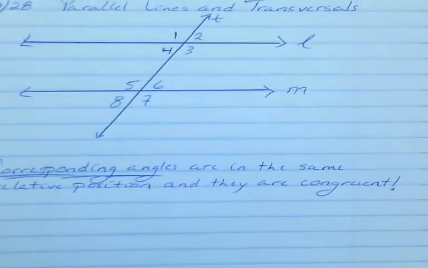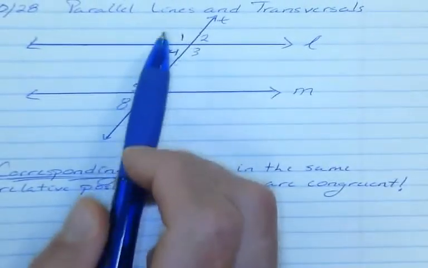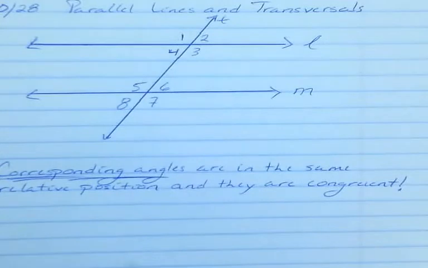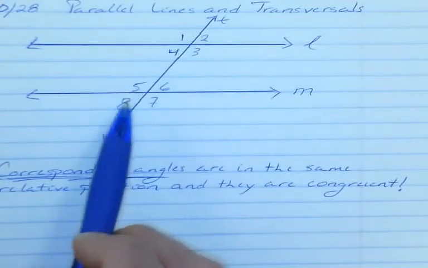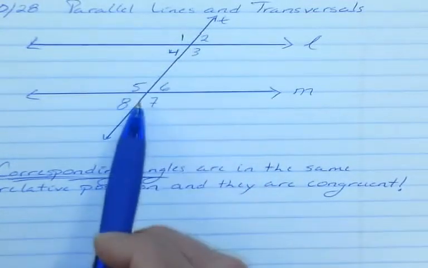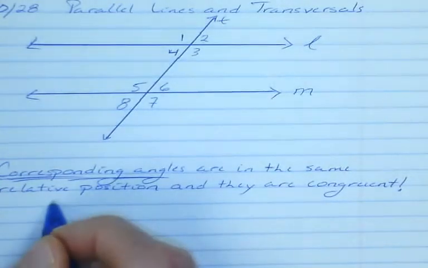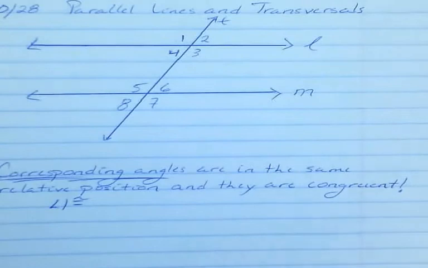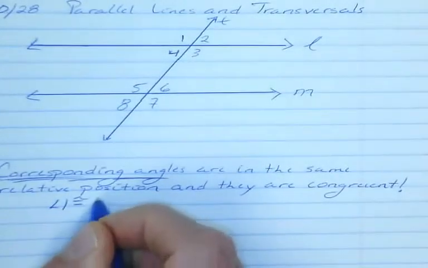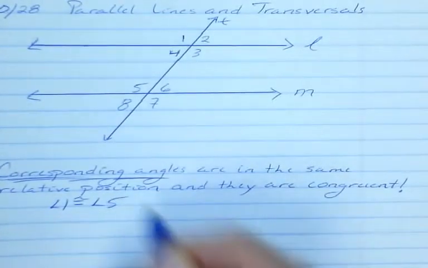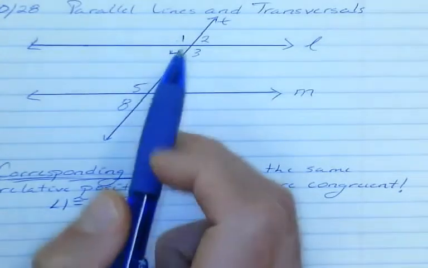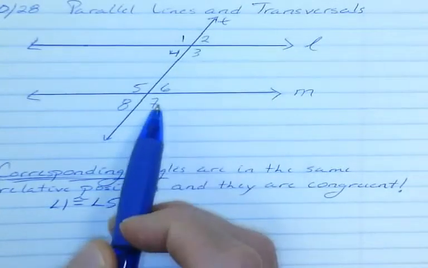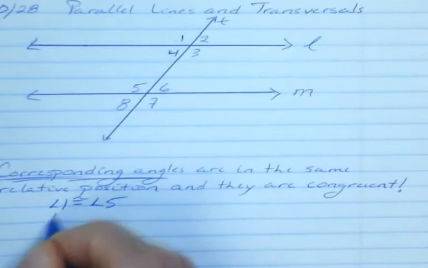If I look at these 8 angles, angle 1 corresponds to angle 5 because they're both in the upper left-hand corner. So I could say angle 1 is congruent, I can do an equal sign with a squiggly above it, that means congruent to angle 5. Another pair of corresponding angles: angle 2 corresponds to angle 6.